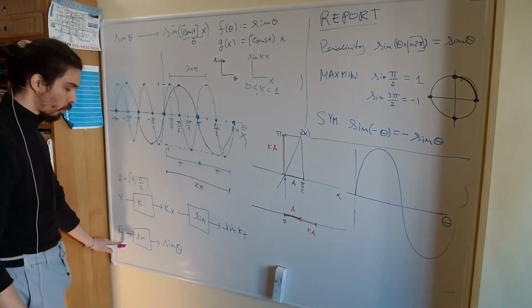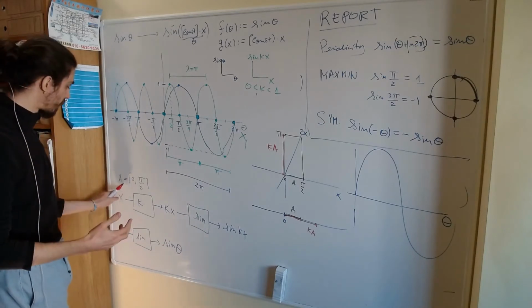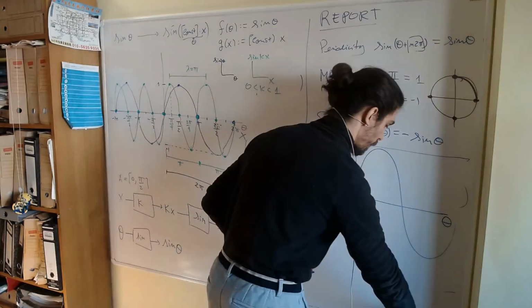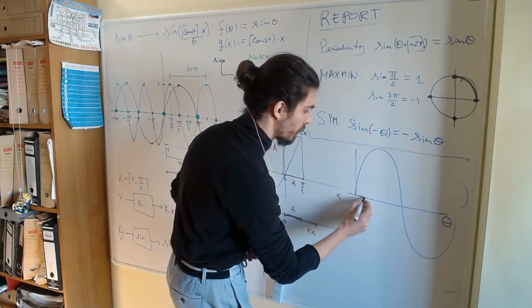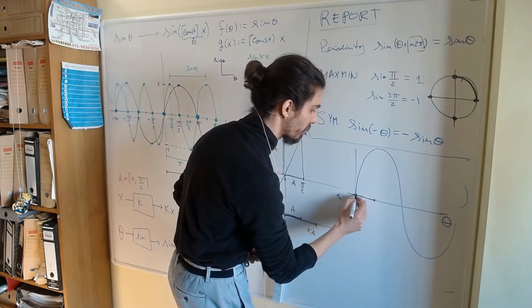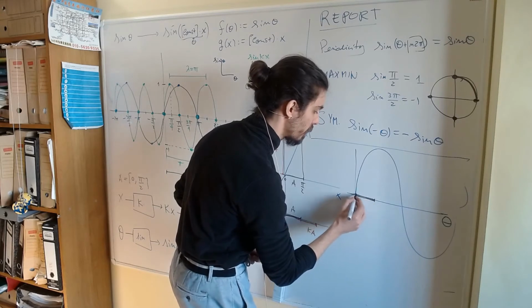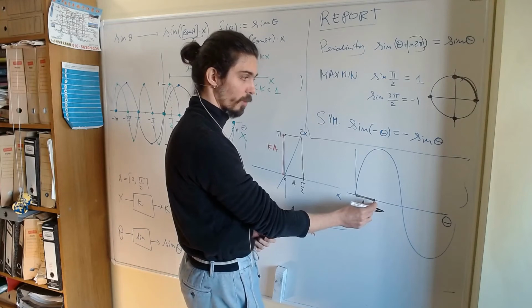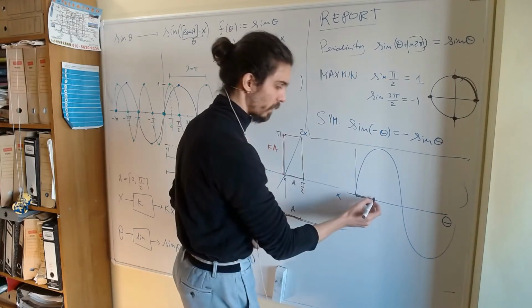Let's see what the images of the set A are under this function. Let's use the black again. A is from here to here, right? Can you see? This is A, because the last value is pi over 2, where it's maximum.